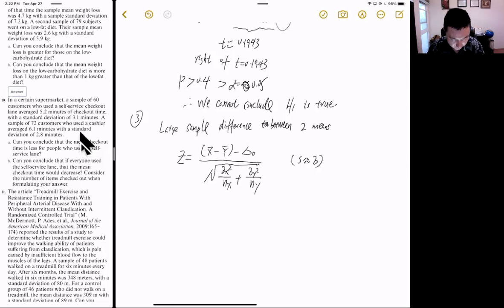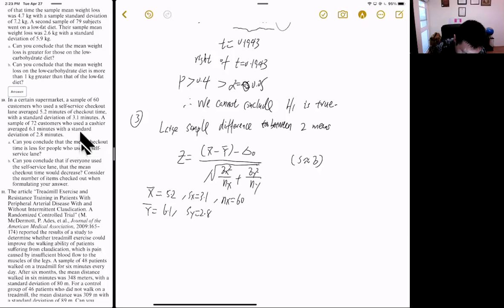Then write down the parameters given by the question. 5.2 minutes is the average for self-service. Standard deviation 3.1. Sample size 60. Cashier, average 6.1 minutes, standard deviation 2.8, sample size 72.